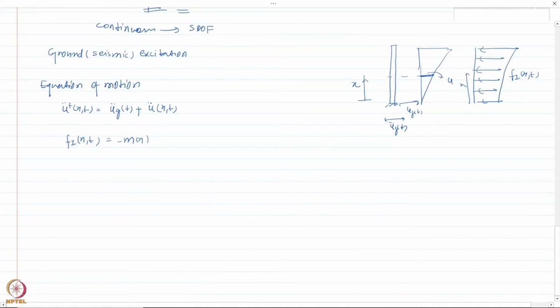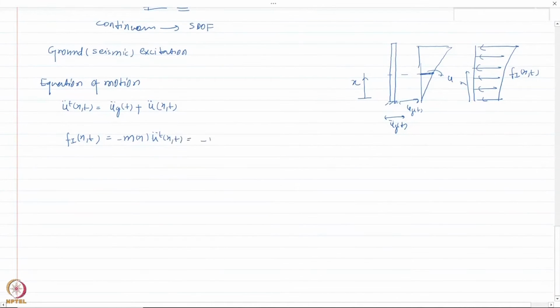The mass density is m(x) times the acceleration, which is m(x) times the total acceleration, and this can be written as m(x) times [ü_g(t) + ü(x,t)]. Now this is effectively the external force that is acting on this cantilever beam.